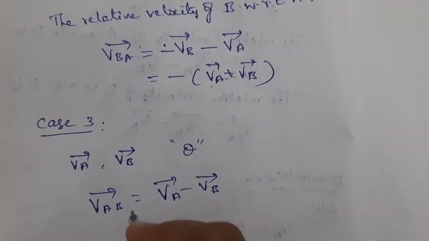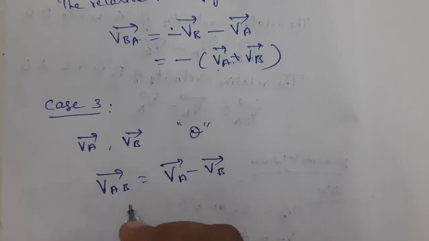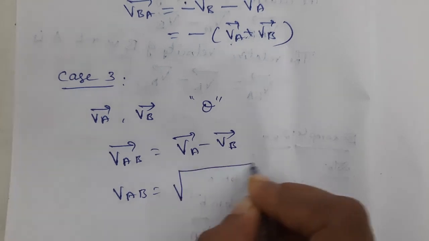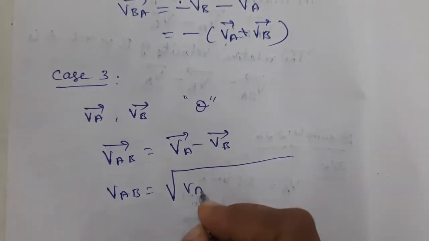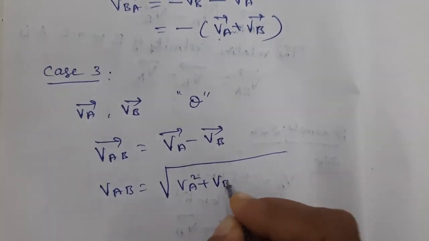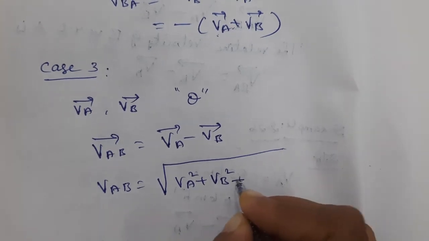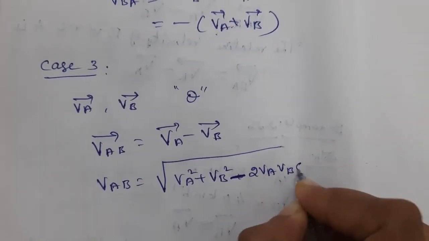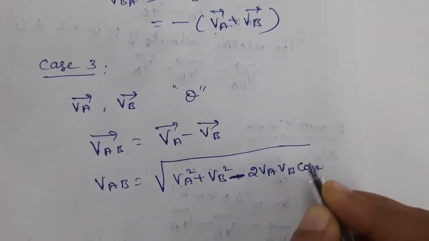Then the magnitude and direction of VAB is given by, that is VAB equal to root of VA square plus VB square minus 2 VA VB cos theta.